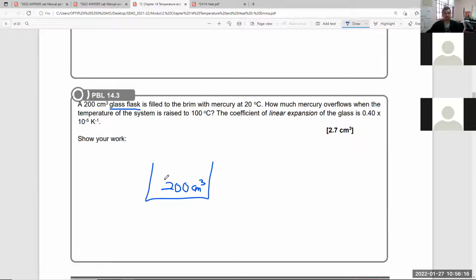So this is 200, and we can think of it as V naught, the volume that can be filled up to maximum. If we fill up fully with liquid, the glass is solid, but you fill it up with a liquid called mercury here. Mercury is Hg. It's a metal, but this is a liquid.